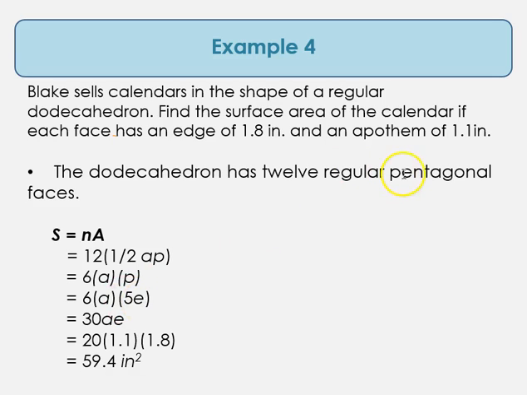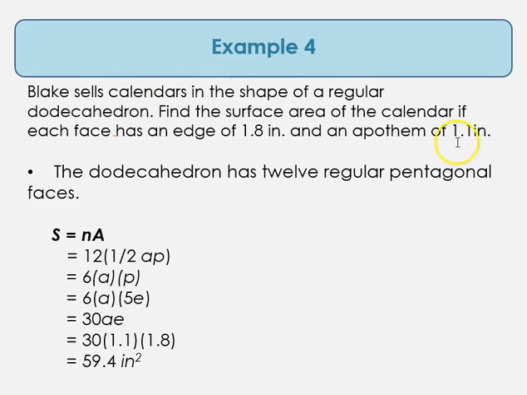That's because the pentagon has regular edges, and this is an alternate formula for a pentagon. So 6 times 5 is 30, a times e, and now we have 30 times the apothem of 1.1 times the edge of 1.8, and that is 59.4 inches squared.